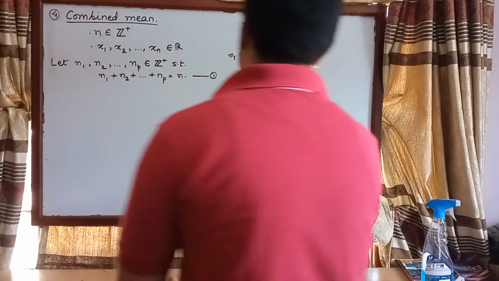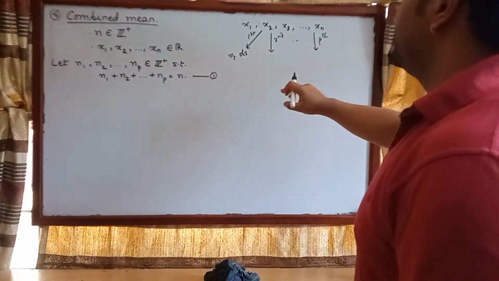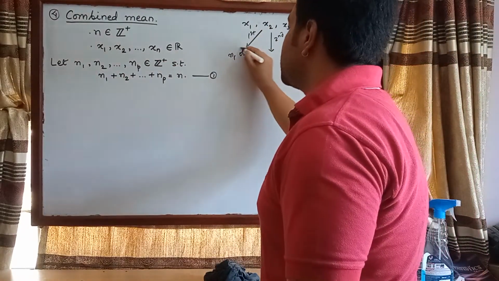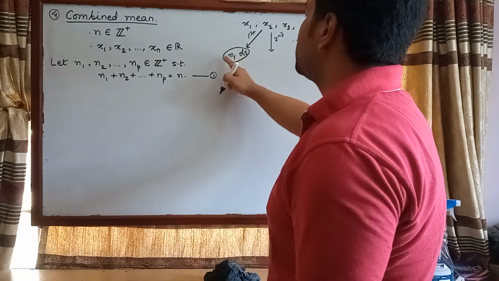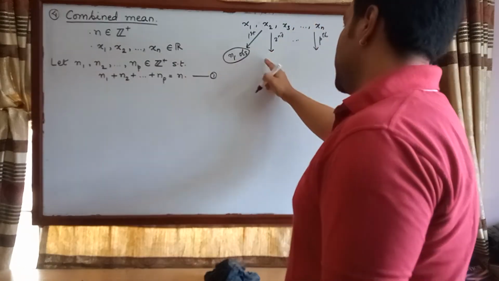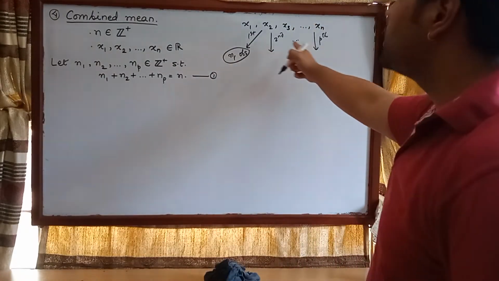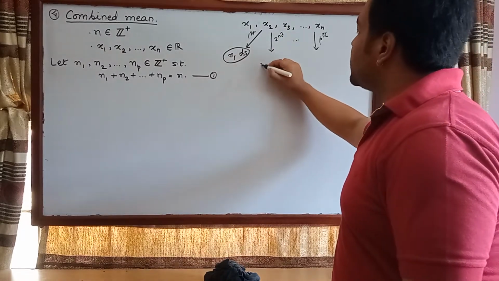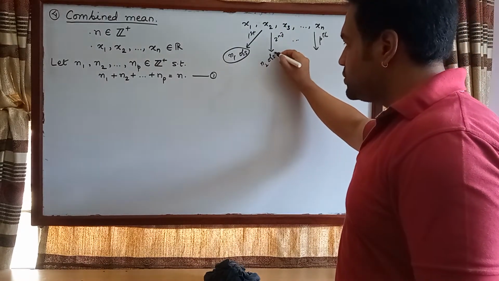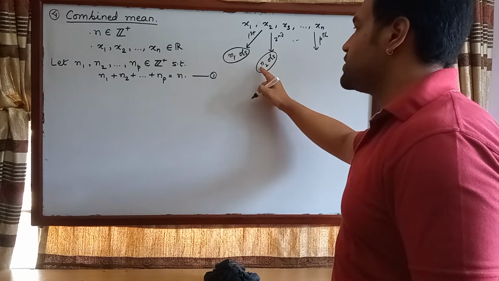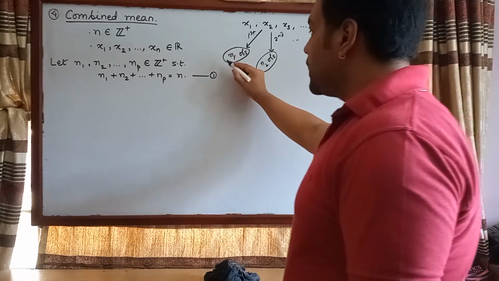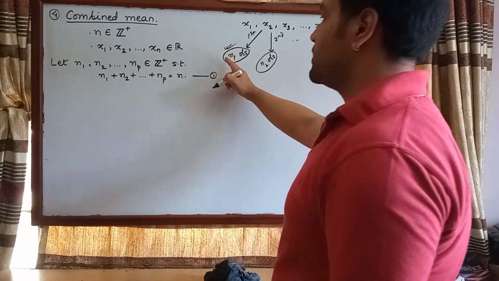Once we have taken these n1 observations, we shall not repeat these values in any of the other groups. In the second one, let's take n2 different observations, each different from the ones we've considered here.